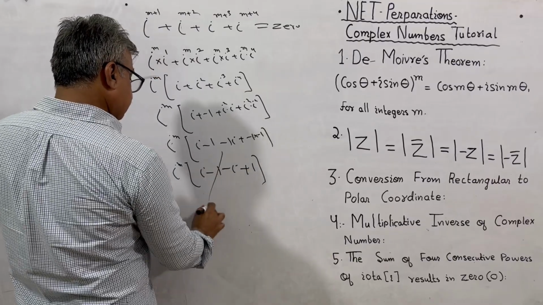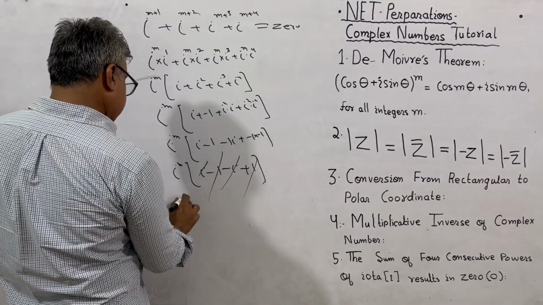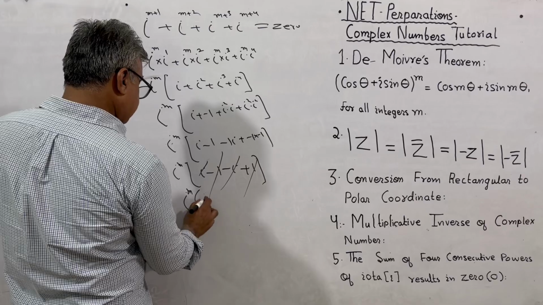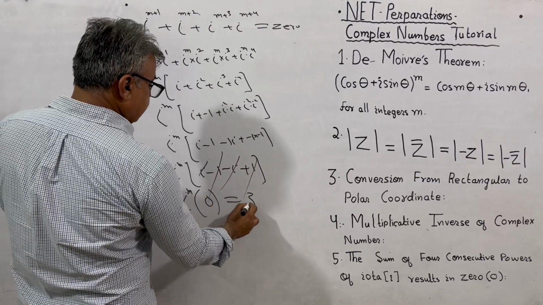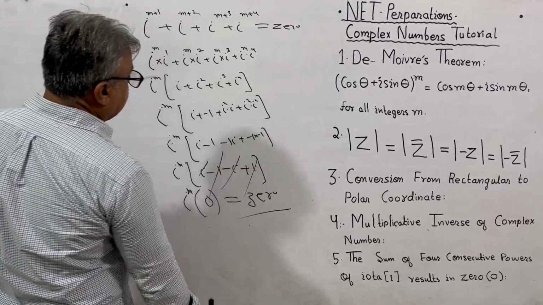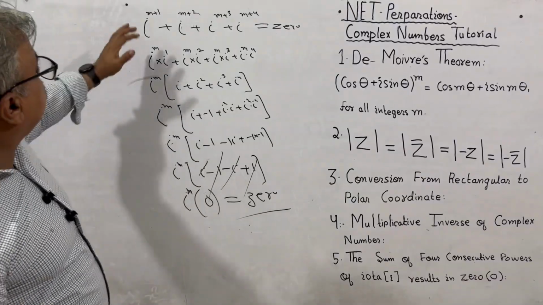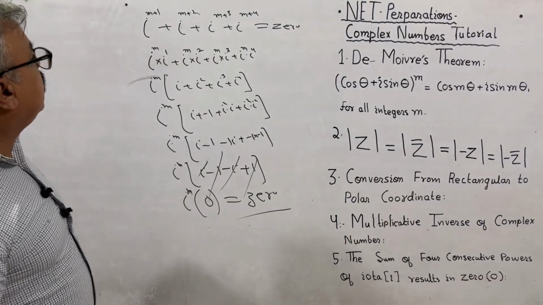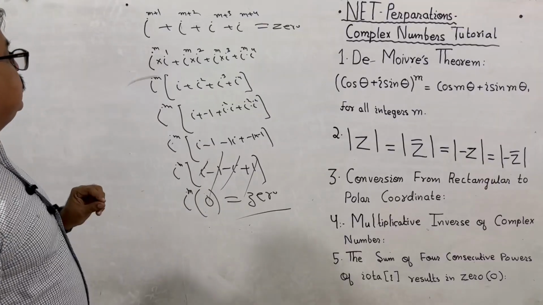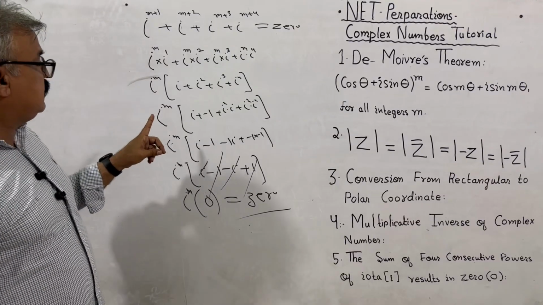Look at this: cancelled out, cancelled out. Iota raised m times 0 is tantamount to 0. So any 4 consecutive powers of iota, their sum always results in 0.